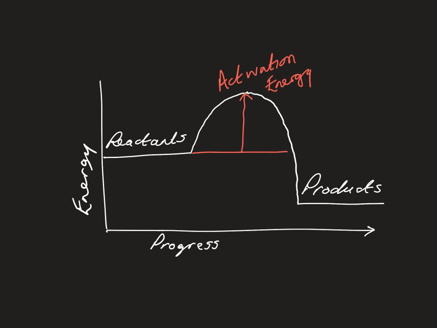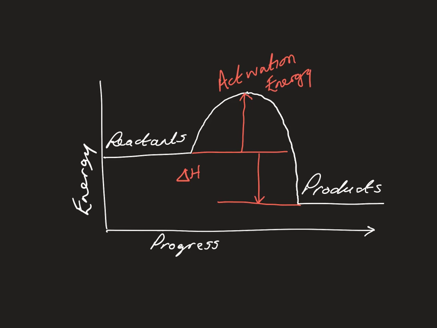Okay, and the difference between the amount of energy in the bonds of the reactants and the amount of energy contained within the bonds of the products, well, this is given by this arrow here, and this is the delta H value.